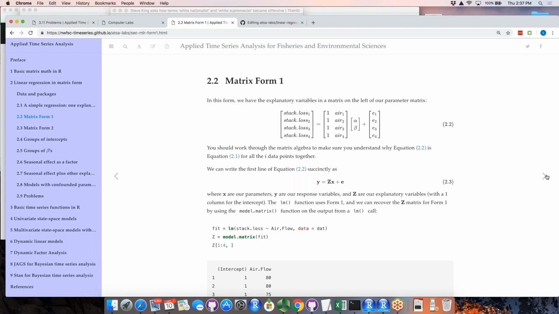And here are errors, 1 column and 4 rows. And when you do the matrix multiplication, this goes on its side, and you're going to multiply the alpha times 1, and then the beta times airflow 1. So then you see that stack loss 1 is equal to the intercept plus airflow 1 times beta, and then the next one is intercept plus airflow 2 times beta, and this one airflow 3 times beta.